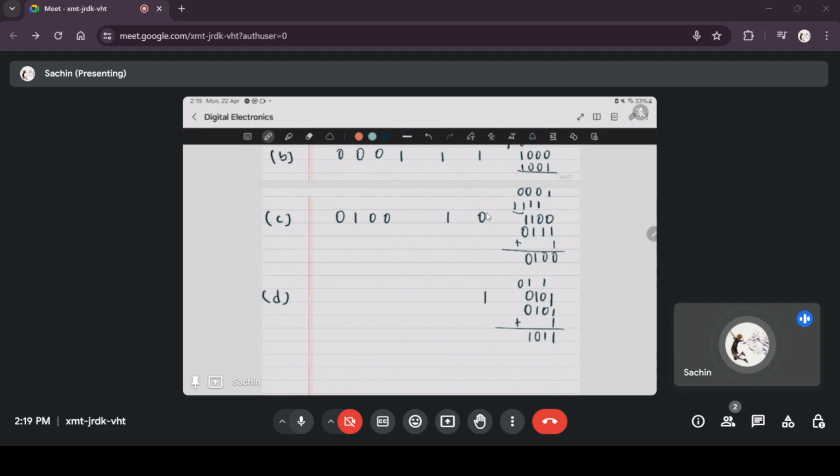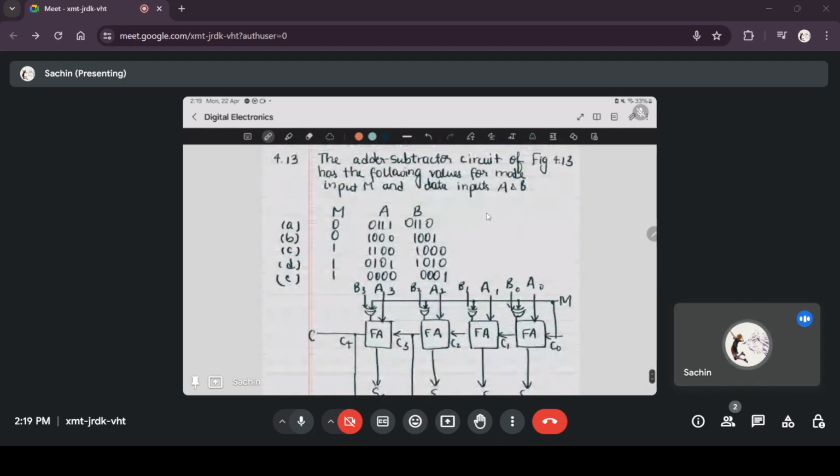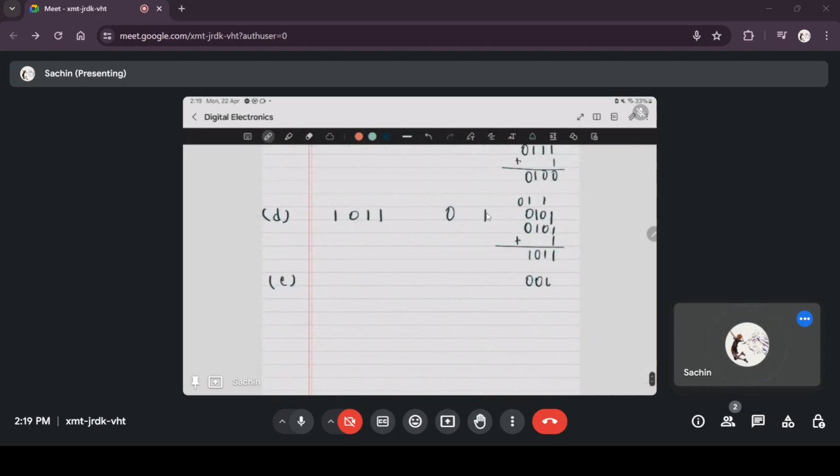So there is an overflow, there is no carry, sum is 1011. Final part, 0 minus 1. No overflow, no carry, sum is 1111.